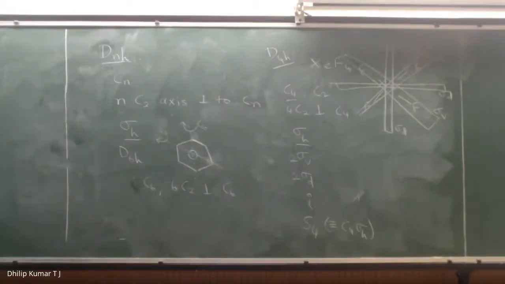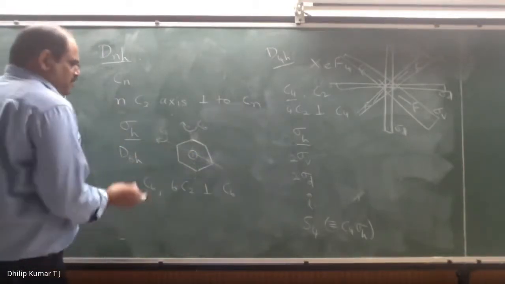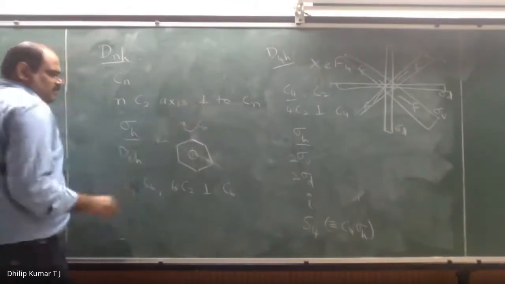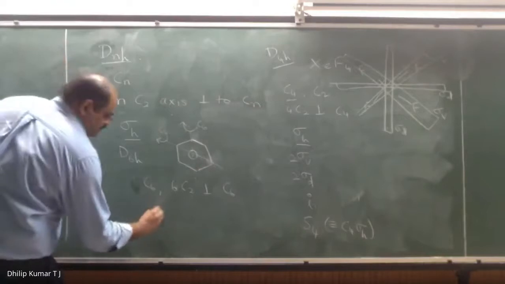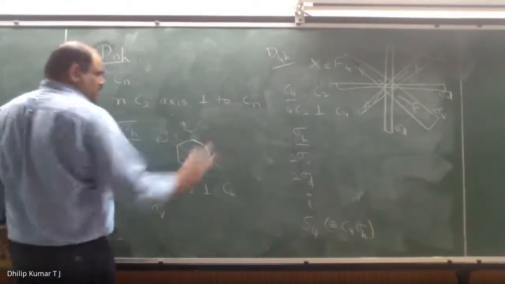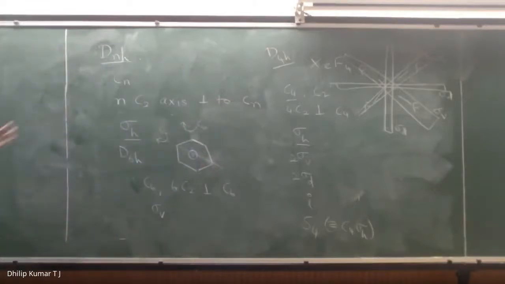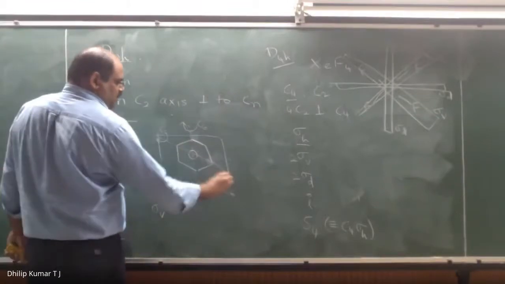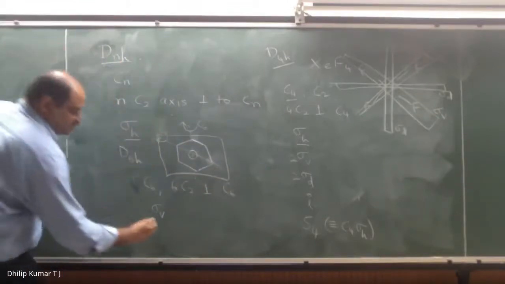So 6 C2 is possible. Similarly, sigma V is also possible, right? When you cut the molecule through these 2 carbons, it gets split in half. So there are multiple sigma V's. But the main thing is sigma H. The molecule you can slice through the carbon atoms, so you can place a sigma H plane, and it just cuts it in half. So sigma H is present.